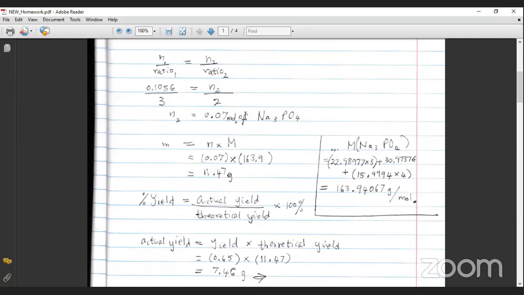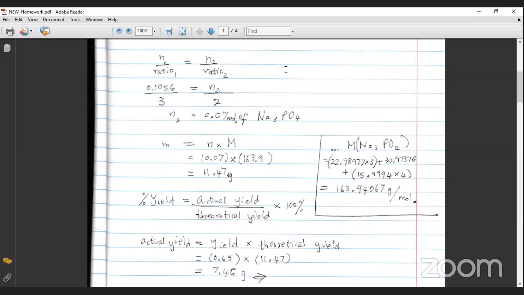So we just need the information of what's given for us to calculate the mass for the theoretical yield. And therefore, I divided both sides by 100, which will give us 0.65 times 11.47, and that actual yield will be 7.46 gram.